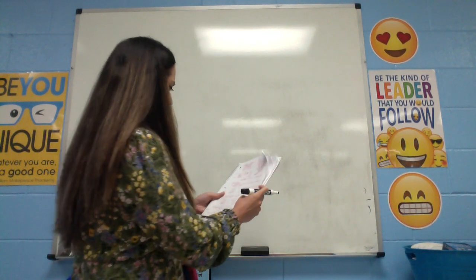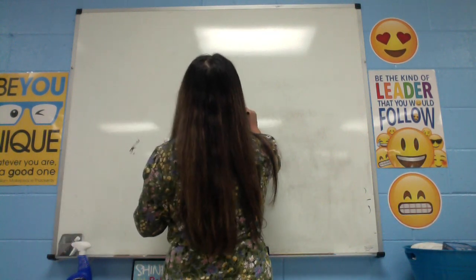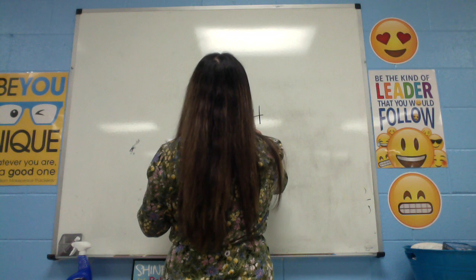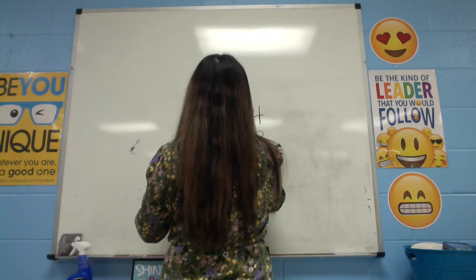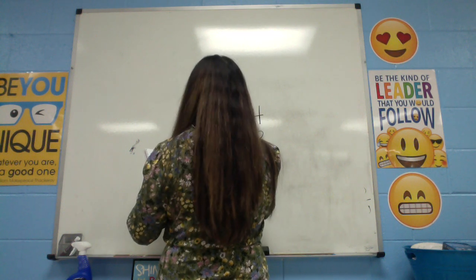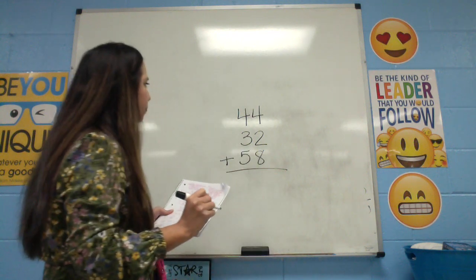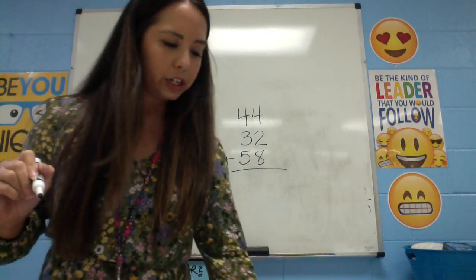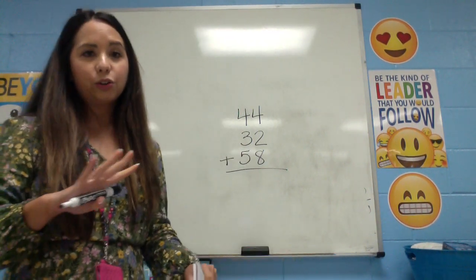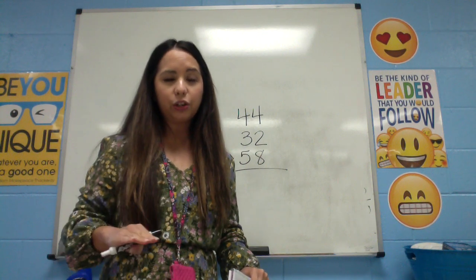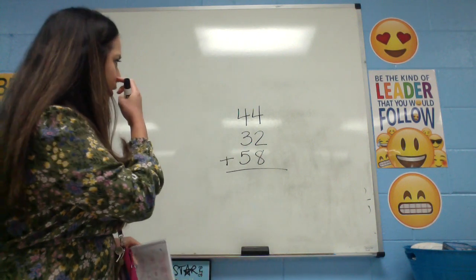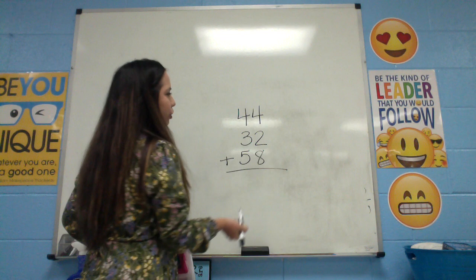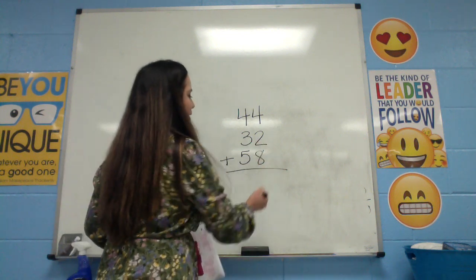For example, I have 44 plus 32 plus 58. Okay, this one I want to group the ones to make them easier to add. And when I say group them, decide on which two numbers you want to add first. We can add 4 plus 2 first, or 2 plus 8.